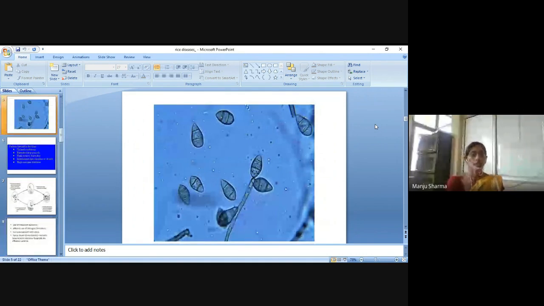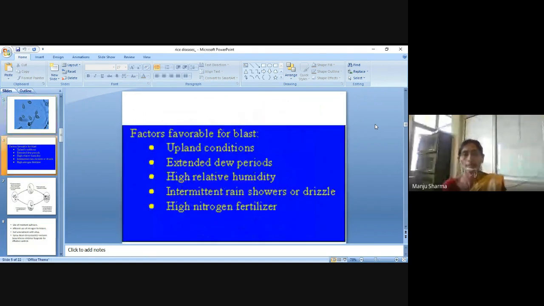These are the spores of the pathogen which cause the blast disease. Factors favorable for blast are upland conditions, extended dew periods, high relative humidity, intermittent rain showers or drizzle, and high nitrogen fertilizer.